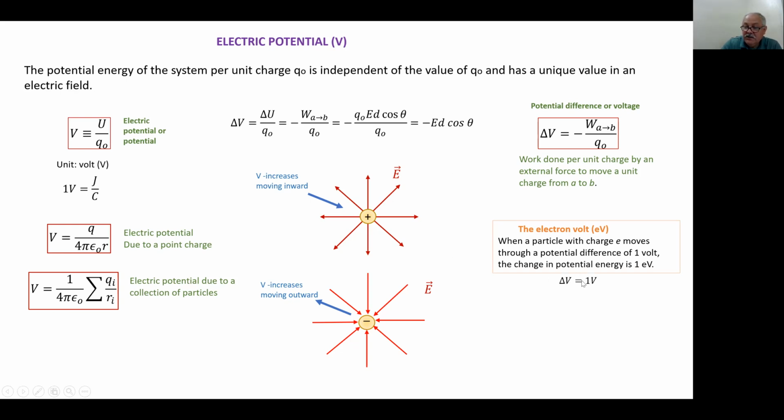Again, we have that the potential difference equals 1 volt, correct? When we use the definition from here, 1 volt is joules per coulomb. Correct, but 1 coulomb, remember, is equal to electrons divided by 1.6 times 10 to the negative 19. Correct.